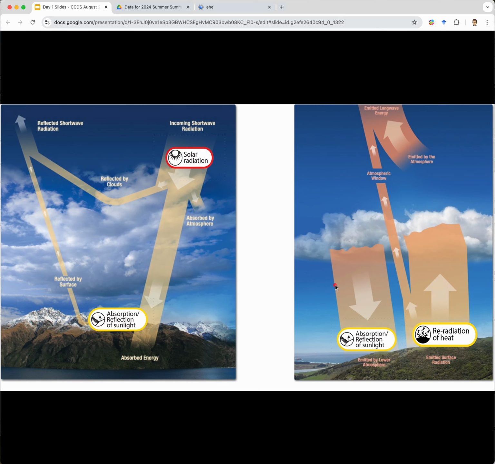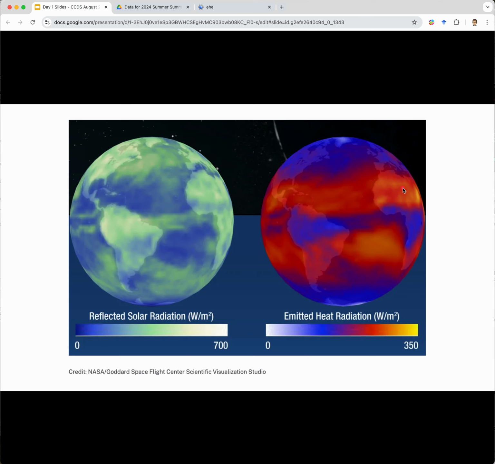So this is the important distinction, is that as solar radiation comes in, it gets absorbed or reflected, and then if it's absorbed, it re-radiates back as long wave radiation. And that's the distinction between reflected solar radiation and emitted long wave radiation.